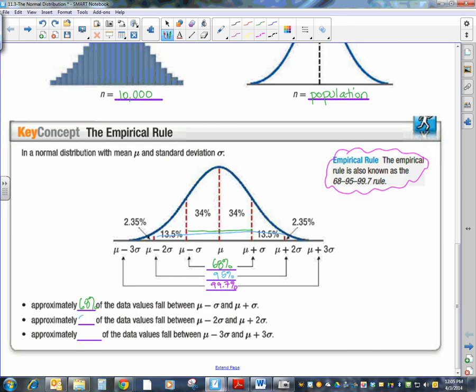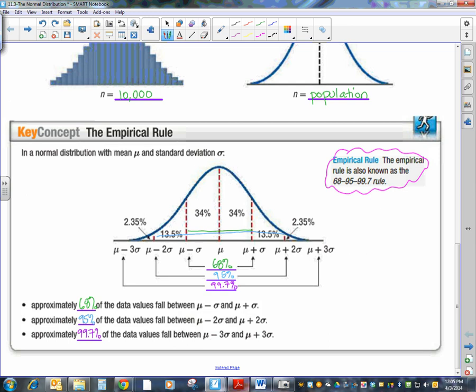Okay, approximately 95% of your data will fall between the mean plus or minus two standard deviations. And again, 99.7% of the data will fall within plus or minus three standard deviations.